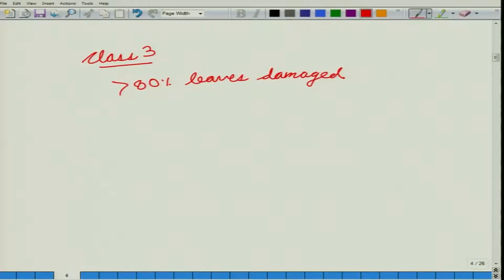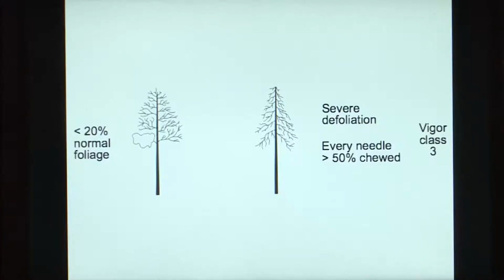So, if we look at figures now, coming back to the slides, here we are seeing less than 20% normal foliage, or maybe the sapling has a severe defoliation, or maybe every needle or greater than 50% of the needles are chewed. So, this will be called a vigour class 3.